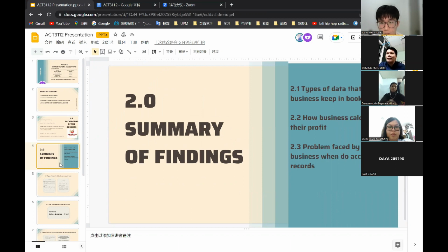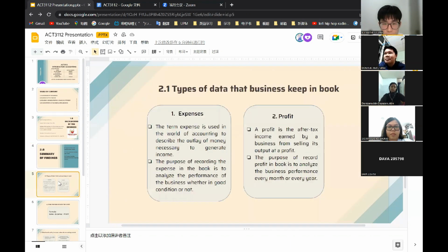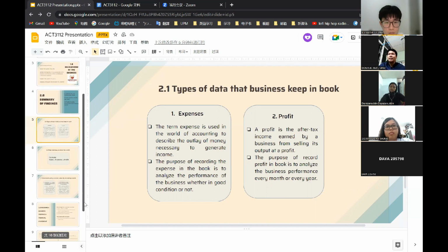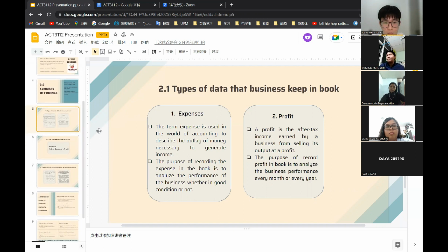Let's continue with the summary of the findings. The type of data that the Dapur Bibi Tami Ghost Yummy business records in books is expenses. The term expense is used in accounting to describe the outlay of money necessary to generate income.